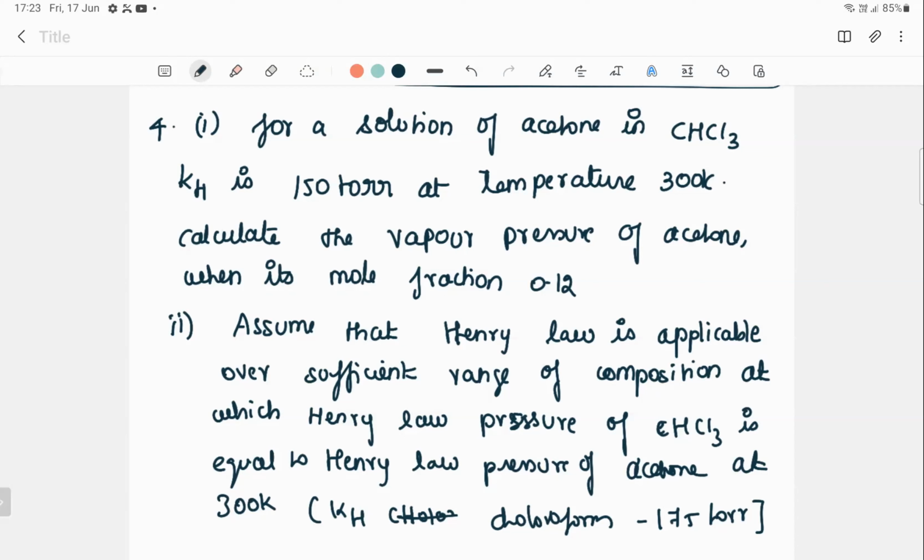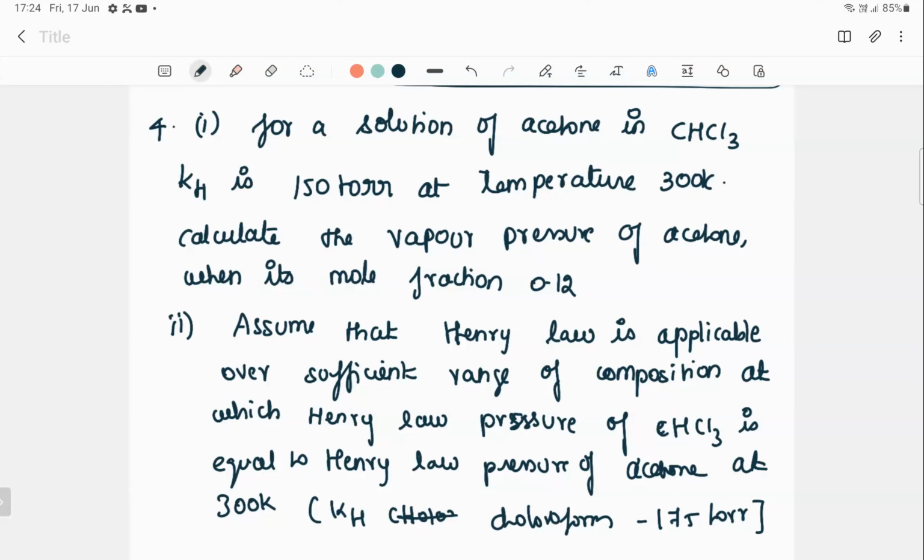You don't need to convert it. So here they have given your x, and this is your KH. So multiply to get the partial pressure. 150 into 0.8 is 80. Next one, read the question carefully and try to answer the next one.